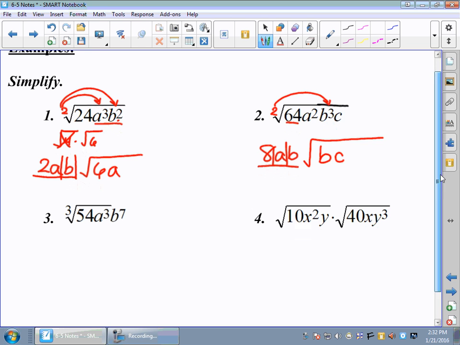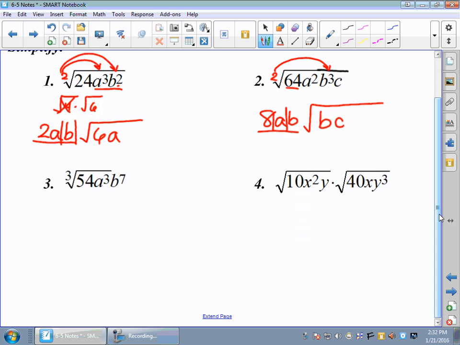Little cube root. Okay, you may want to get your list of perfects out for tomorrow. They're in your skill sets. So 54 is not a perfect cube, but 27 is. And 27 times 2 makes 54, and then we'll just leave the variables inside here. So a space out in front for the perfect stuff, and then a radical afterward.